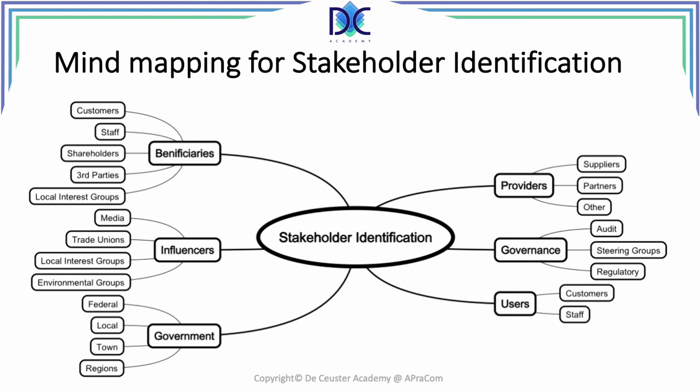You can expand it, and then when you have a specific project, you can say, okay, I can take out different people, different elements, and you create from the general mind map a mind map which is specific for your project. It's easy to make. There is easy software, even free software, to do this.